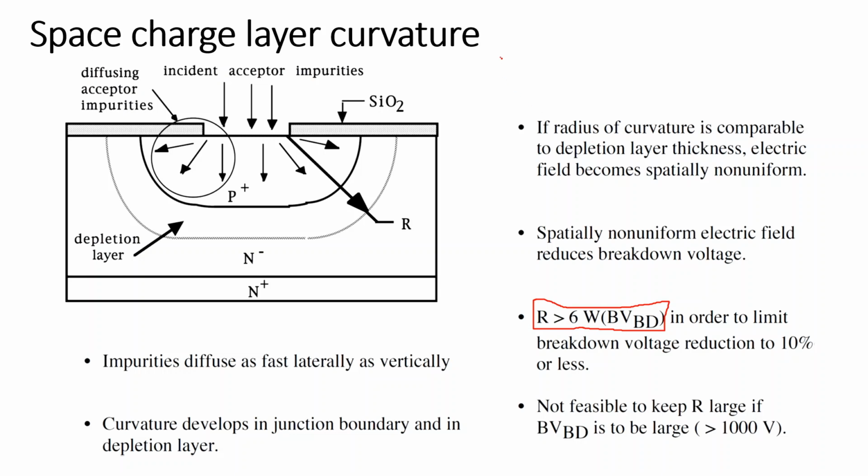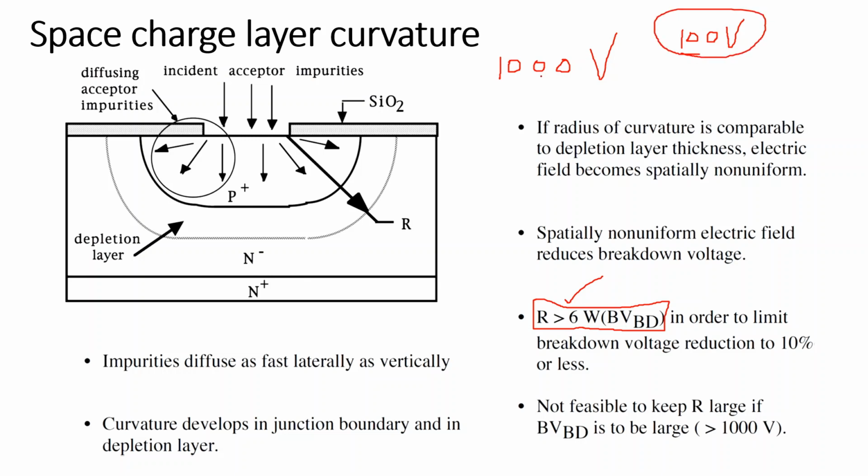That means if you are designing your diode for 1000 volts, then 10% of it is 100 volts. So if you make your R greater than 6 times W, then the reduction is not more than this.